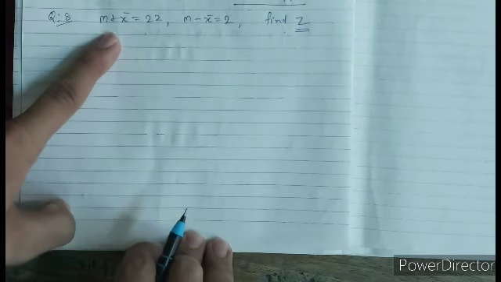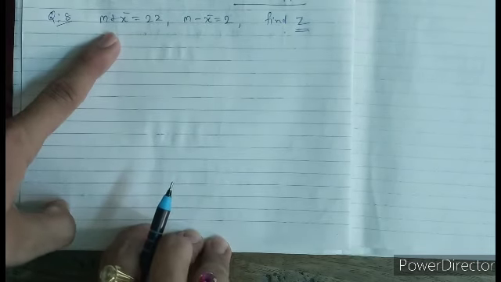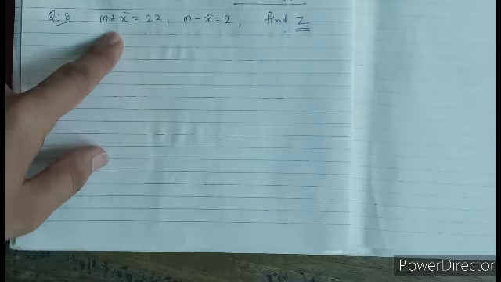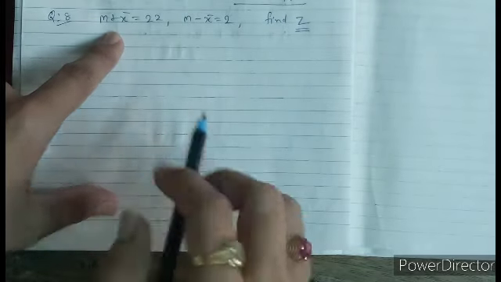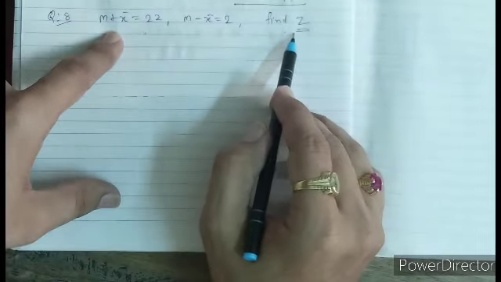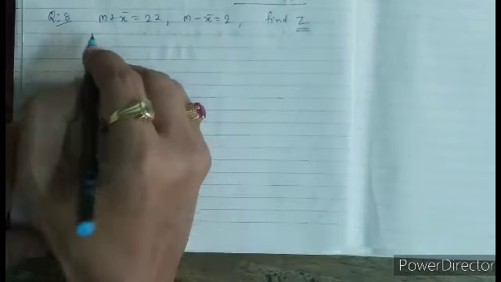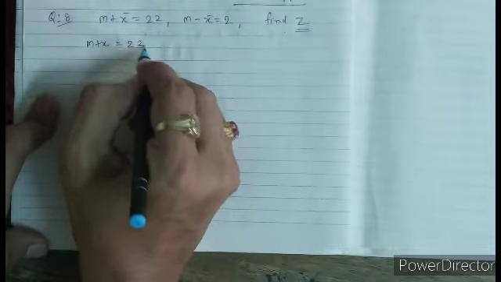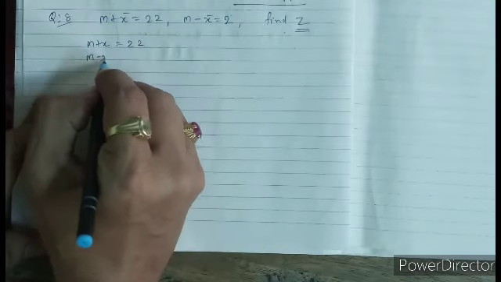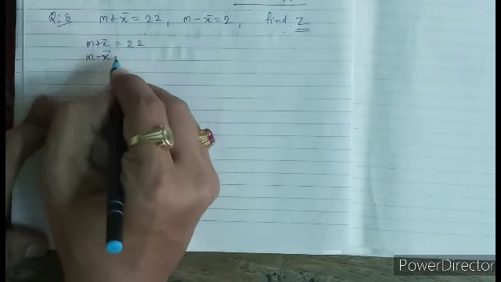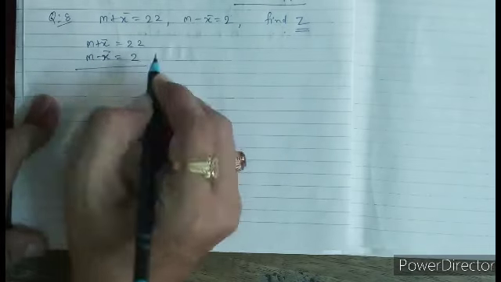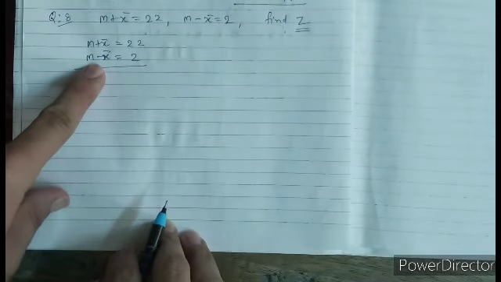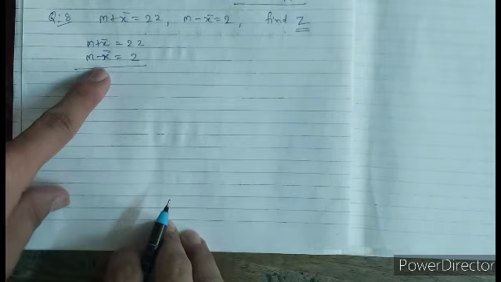In the given data, m plus x bar equals 22 and m minus x bar equals 2. We have to find the value of z. As here we have m plus x bar equals 22 and m minus x bar equals 2, we can eliminate x, as there is one positive x and the other negative x.